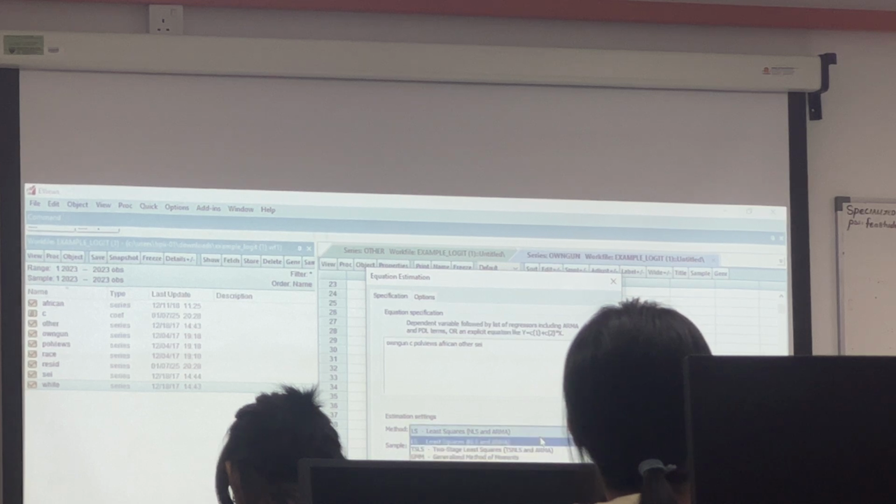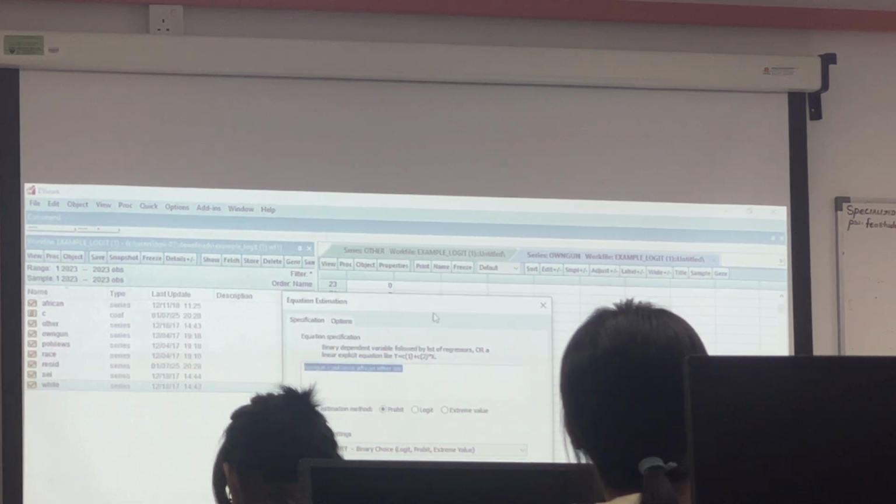Don't forget to change the method to binary, and when not binary, select logit.